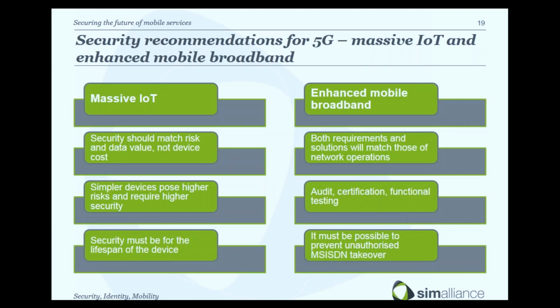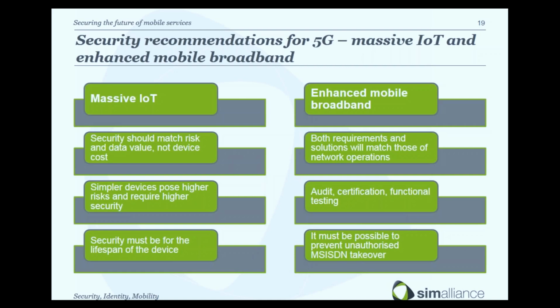Overall, the value of the data and the risk to the system as a whole must be considered. Simpler devices often require higher security, not lower. In addition, they may have lifespans of as long as 15 years. Their security must last that long too. A remotely updatable security solution is a must. Economizing on security now may prove to be a false economy in the future.